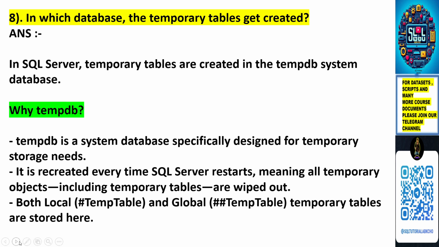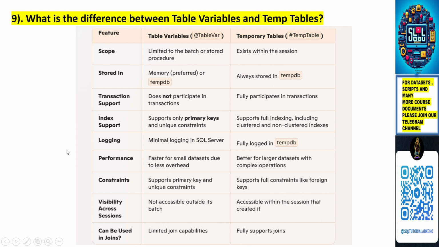Now move on to the next question. The ninth question: what is the difference between a table variable and a temp table? This is also a very important question, and these are among the most asked interview questions in SQL. According to the given features, we will provide you the difference between a table variable and a temporary table.